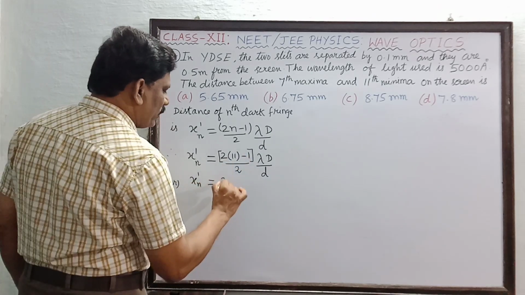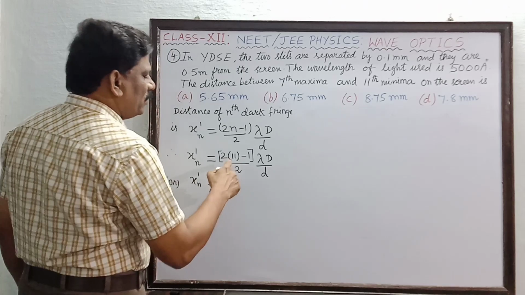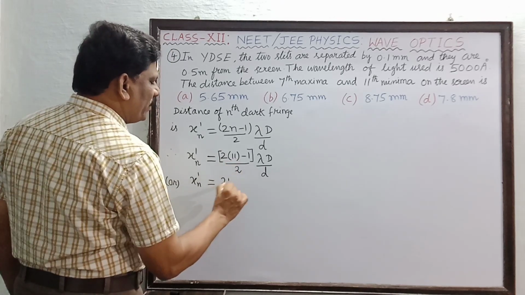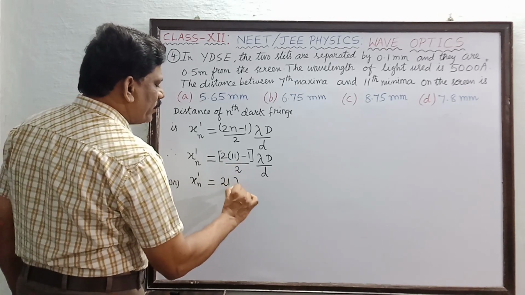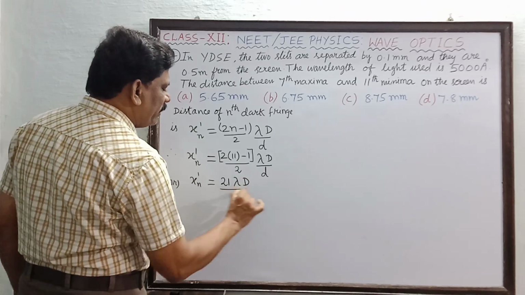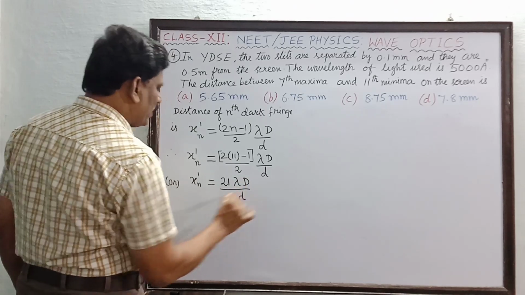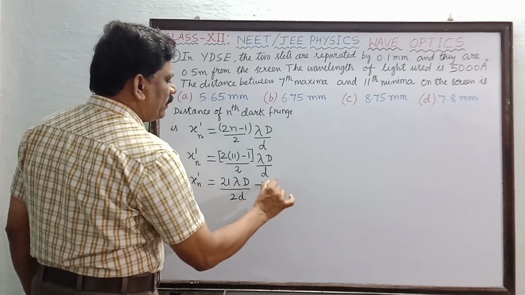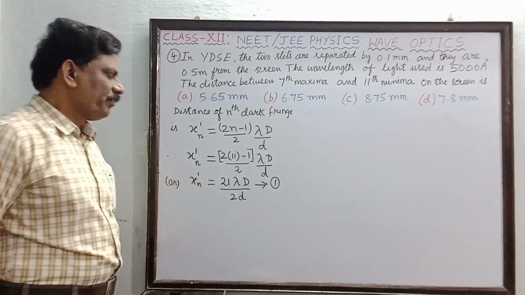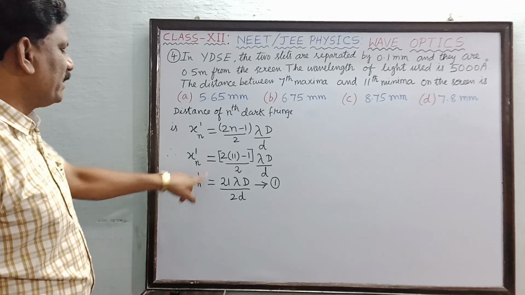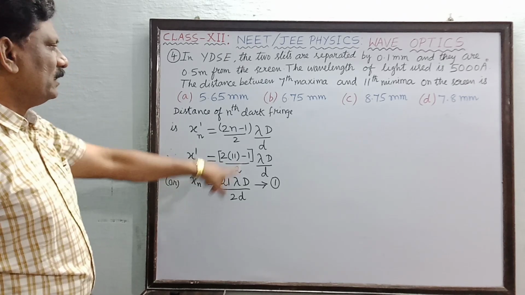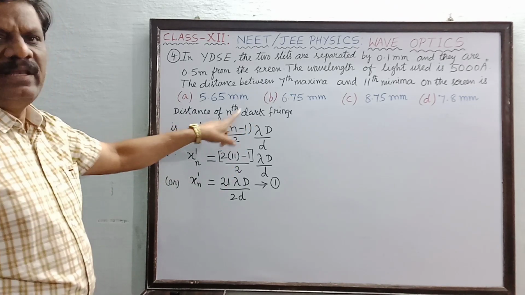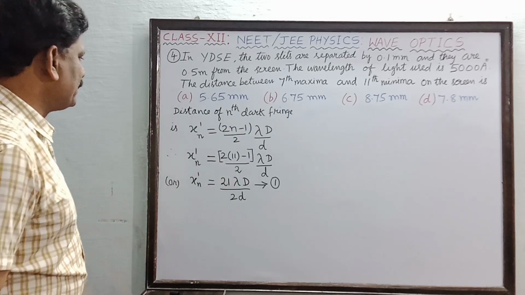So this is 21 by 2, that is 21 lambda D divided by 2d. So this is equation 1. So xn dash is the distance of the 11th minima from the center.